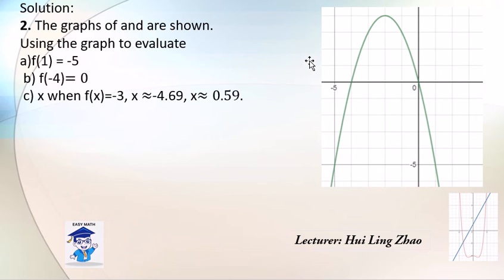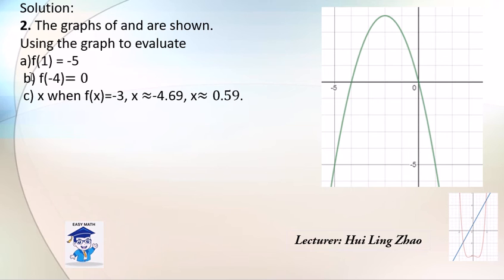And next, we can calculate just by reading the graph. Here in this graph, the x-intercepts are 0 and -4, it opens down, and the vertex here is at -2, 4, right?